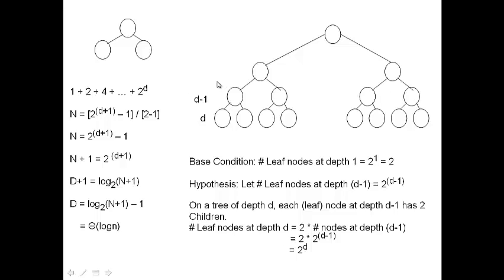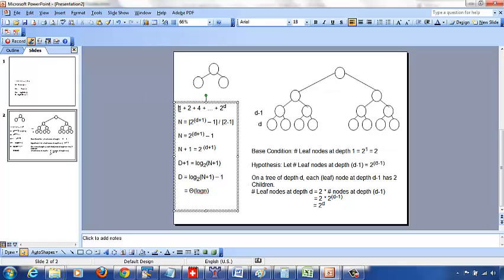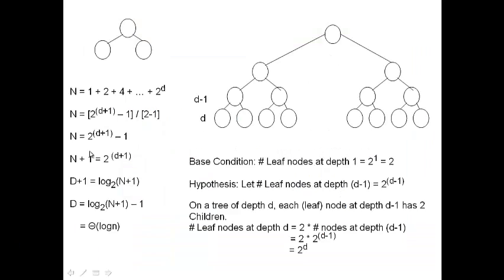So if you want to count the total number of nodes in a binary tree, it would be 1 plus 2 plus 4 plus, and so on, up to 2 raised to d. So that is your n. Okay, so what is the formula? We saw that in the first chapter.